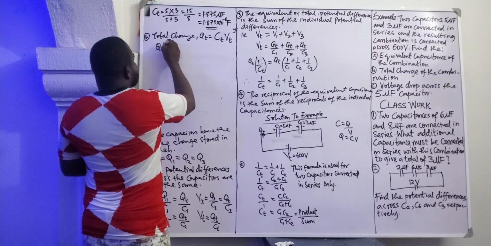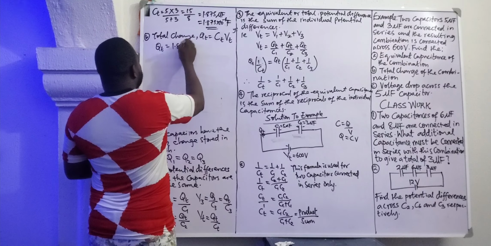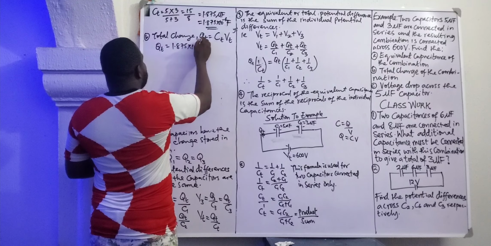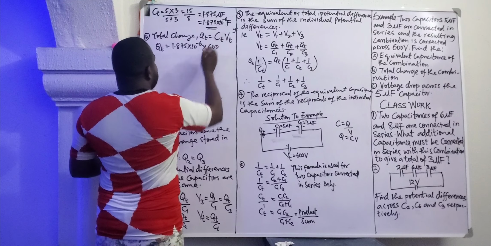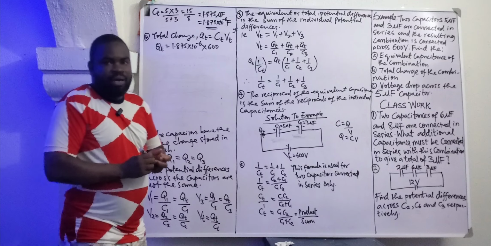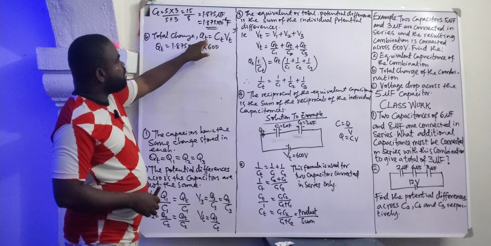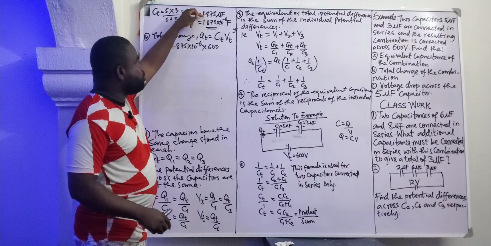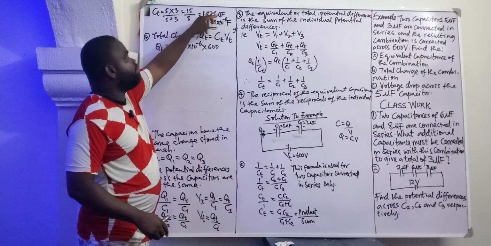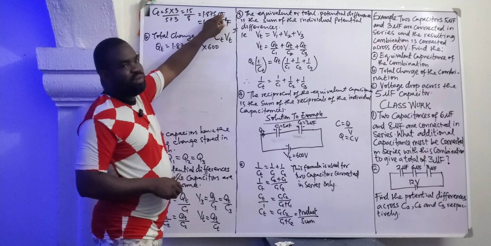So let's substitute now. I will have QT is equal to CT, which is 1.875 times 10 raised to the power minus 6, times VT, which is what? 600. Let me just, for the sake of emphasis, repeat. Since I want to obtain this total charge, it is wrong for me to use 1.875 alone, which means I have retained the microfarad.